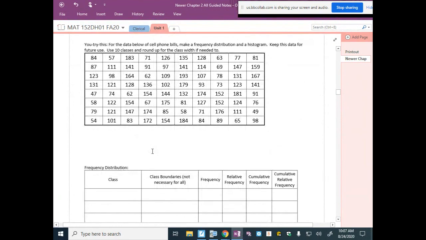And cell phone bills. Now, we're going to do 10 classes. So first thing we got to do, what do we got to do with all of this data? I would put it in your calculator.